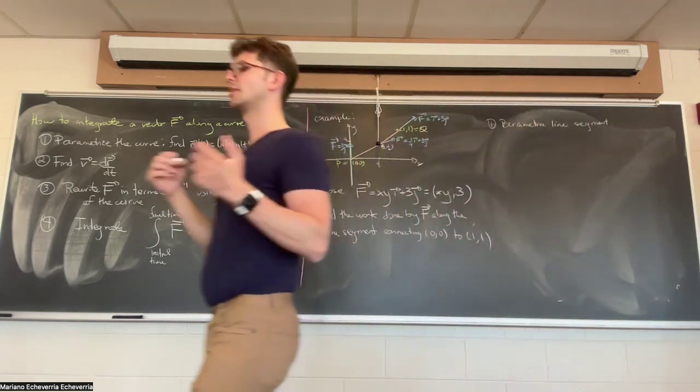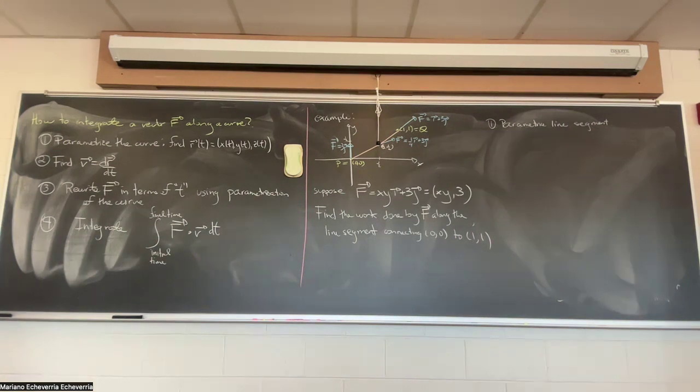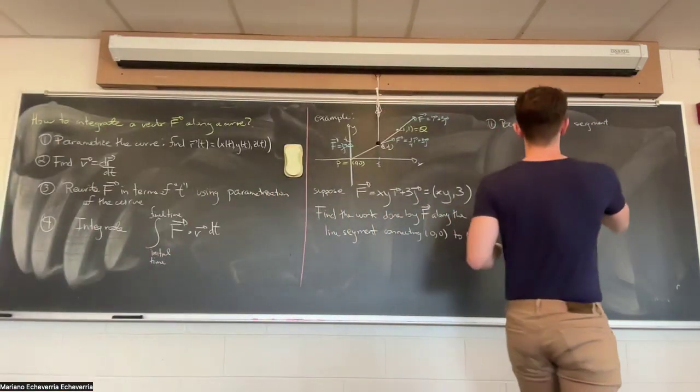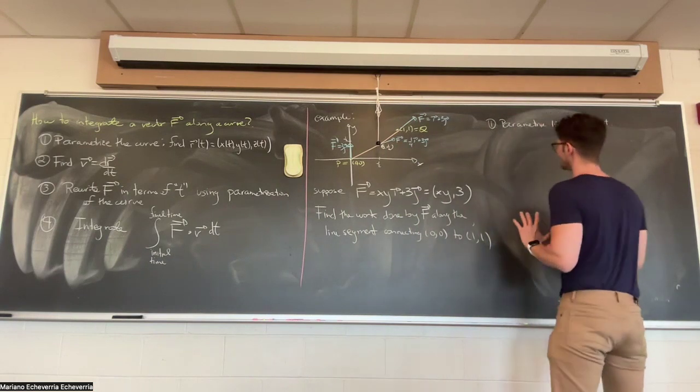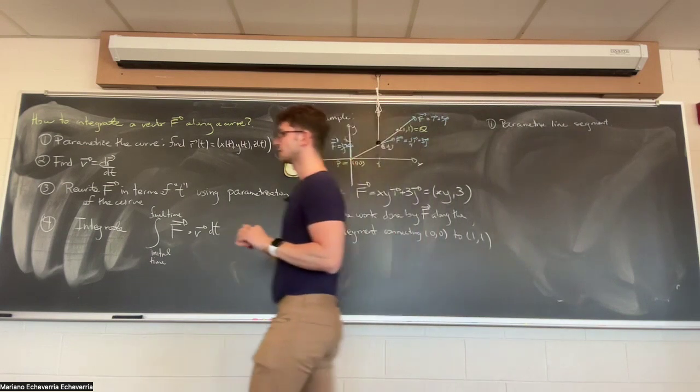Again, what does it mean to parameterize a line segment? It means that you have to write the position vector in terms of t.